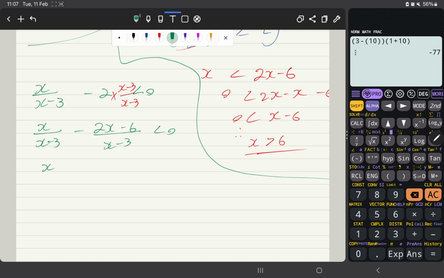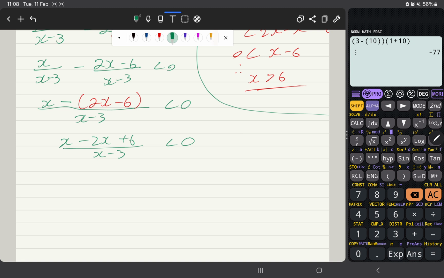So of course you have x, and you have the same denominator right now. You have a minus. There we go. But now you take that expression 2x minus 6 into the bracket. Try not to forget that. Because from this case now you have x minus 2x plus 6, which is correct, than what I had previously.